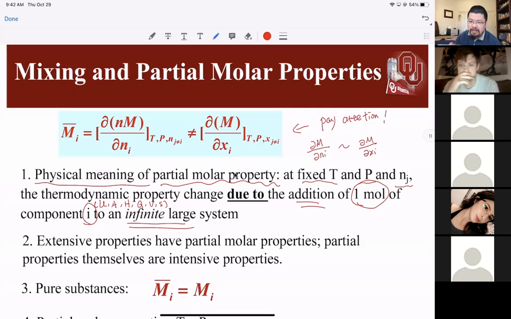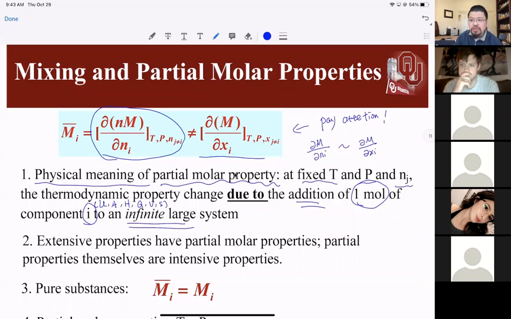And then I add one more of that component i, and after that, I want to measure the change due to this addition of one more of component i. Because of this partial molar property definition and how it's measured in the lab, this is why we need to stick with this equation. We need to stick with this equation.